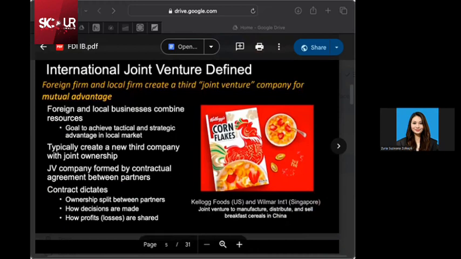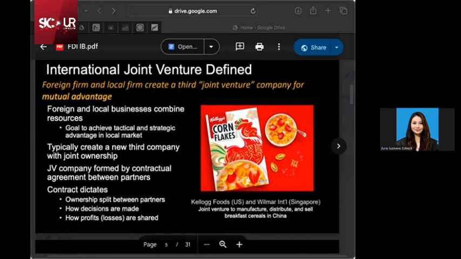So for joint venture, the foreign firm and local firm create a third joint venture company for mutual advantage. Right? So what they do is foreign and local business, they combine resources. The goal is to achieve tactical and strategic advantage in the local market.